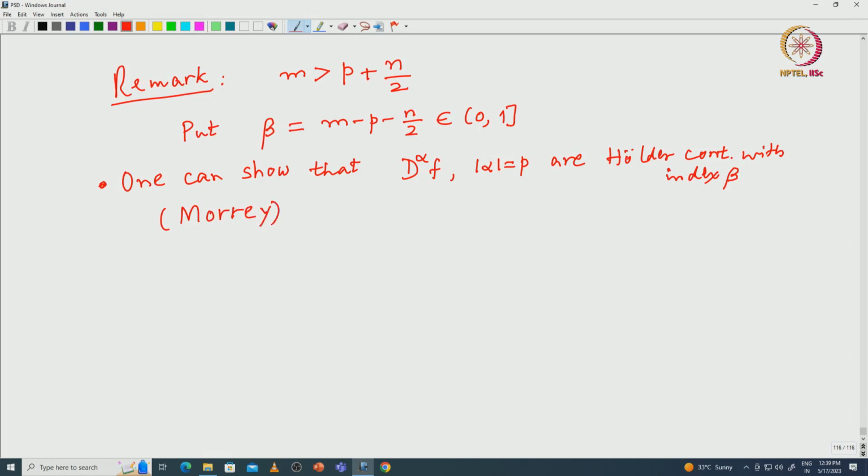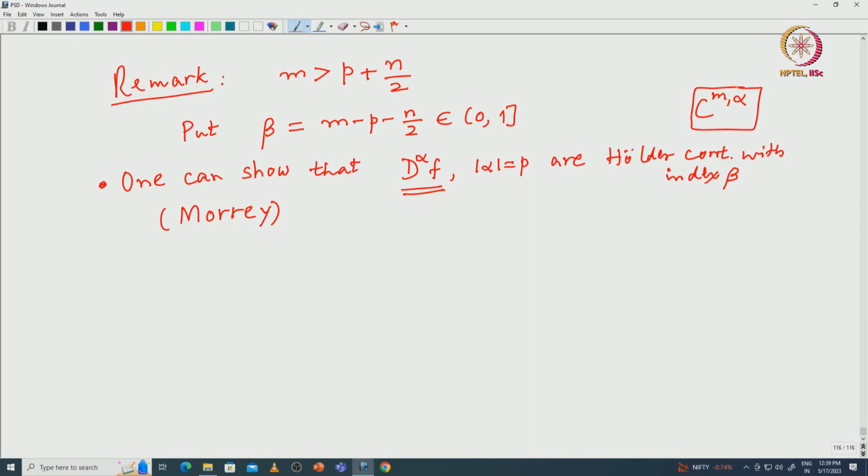So, even this little gap gives us some smoothness of the highest order derivatives. Okay. So, we have not defined those spaces, but they are generally denoted by C^{m,alpha}. Okay.